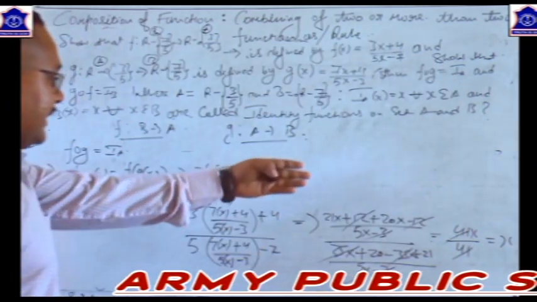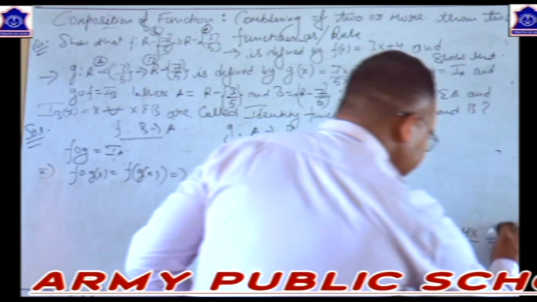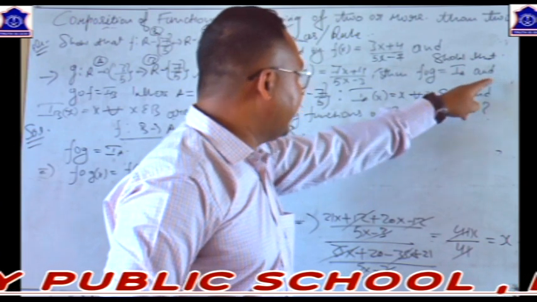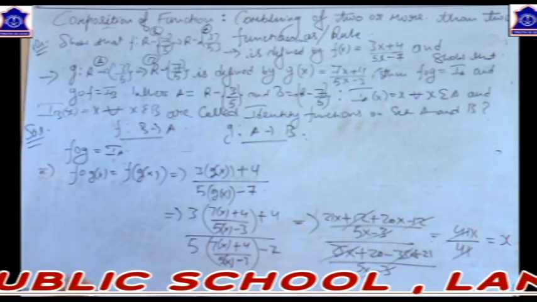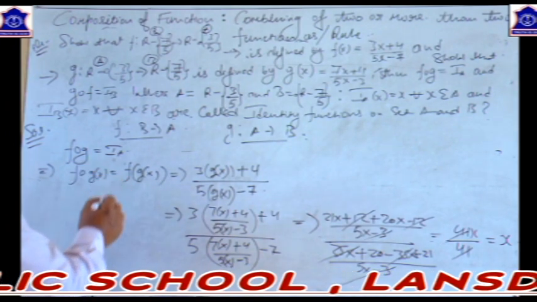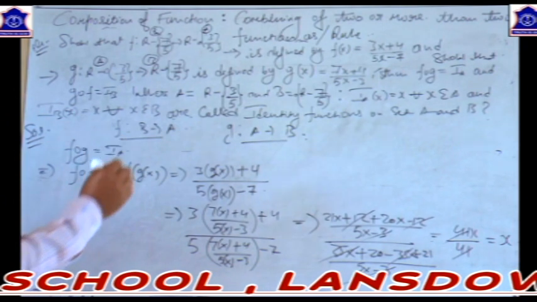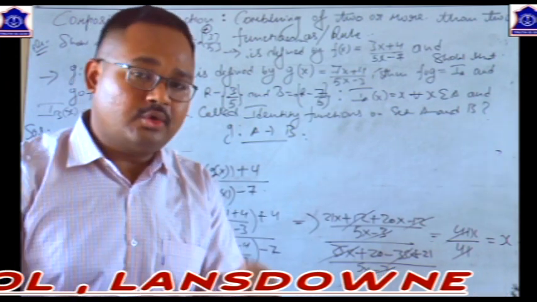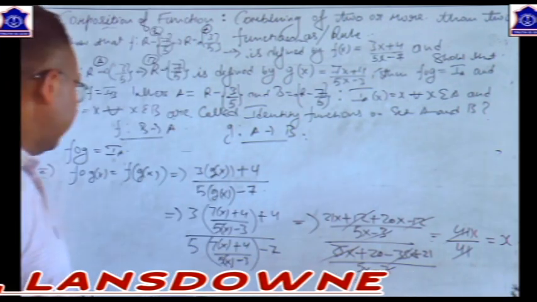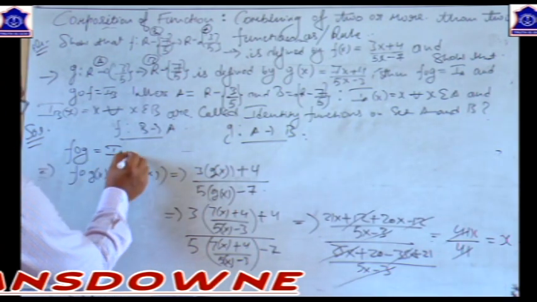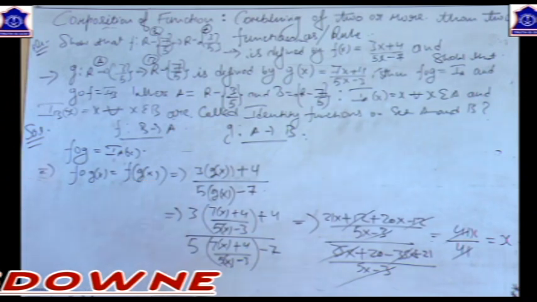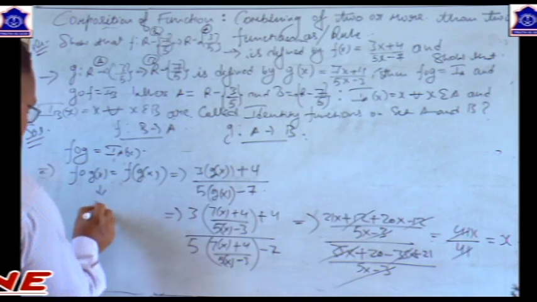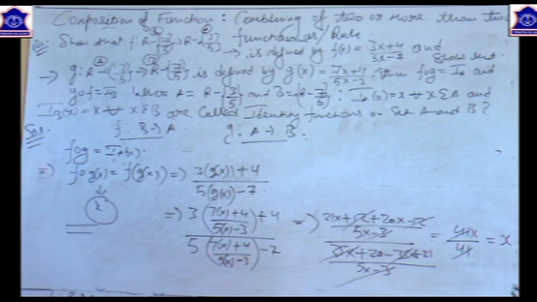Okay, nice. So this was the question asked, that show that fog equals IA and gof equals IB, and here I have shown you that f of gx gives x. An identical function is that function in which you give any particular value and it produces the same value. Here we have IAx, and on putting x in f of g, what did we get? We got x itself. So yes, this is an identical function.